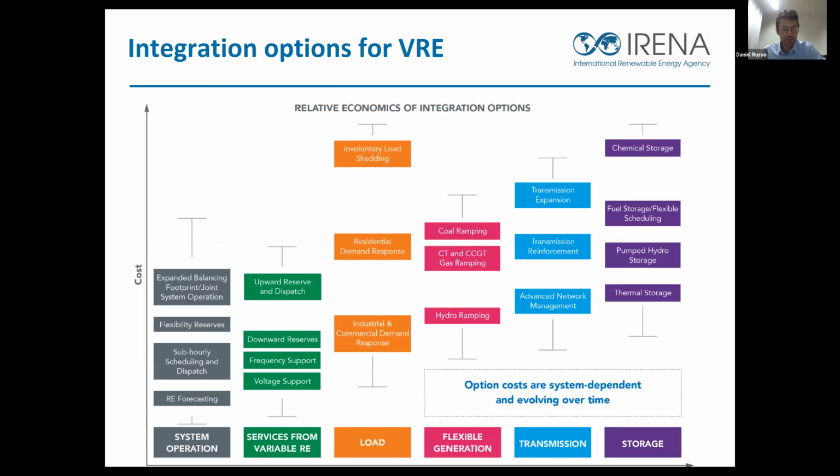And so what kind of measures could be taken? This is just a view of what a more specific list, what you could call a supply curve of different integration options for wind and solar PV. And you can see going from left to right, starting with system operation to storage at the other end.